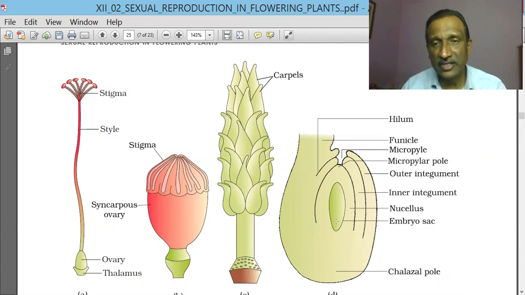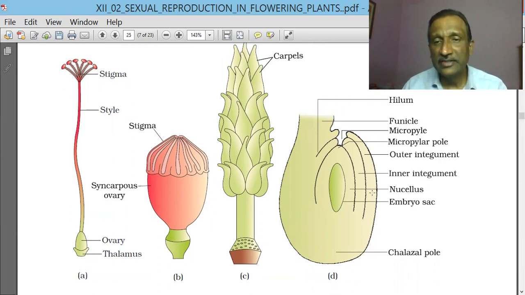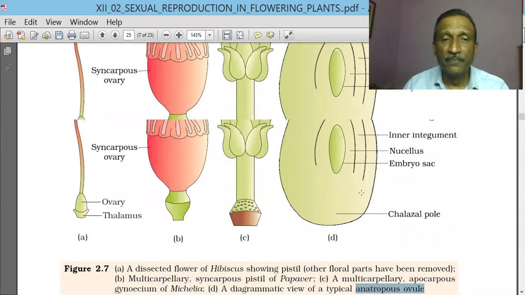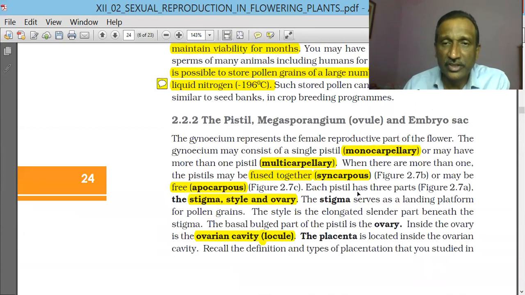In the embryo sac, 8 nuclei or rather 7 cells are there. The opening is called the micropyle, and these two overlapping lip-like structures are called integuments. Generally two integuments are found, the outer integument and the inner integument. And the cells inside are called the nucellus. So that is what the structure is.